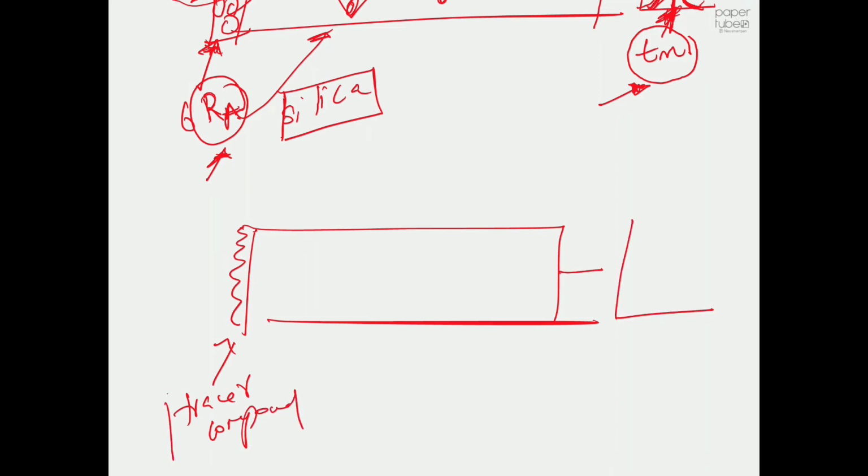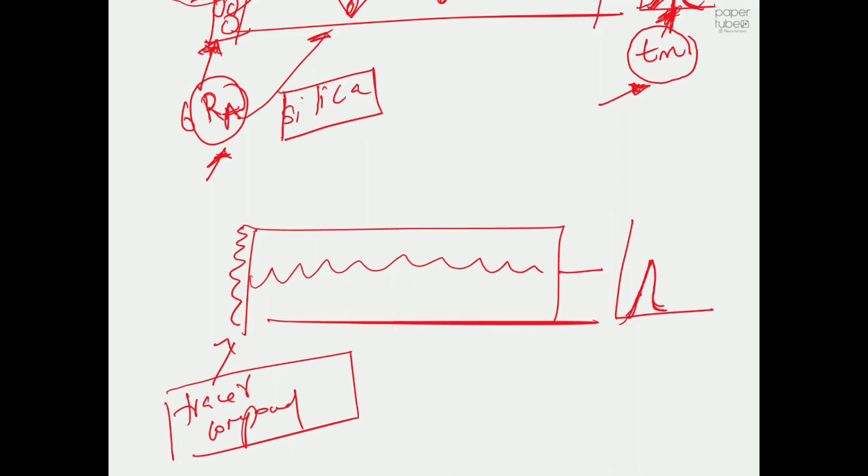This tracer material will not interact with your column, so from that we get a general idea about the time spent by the analyte in the mobile phase. So we know how to get the time spent by the analyte in the mobile phase, and then we can do the experiment with our real analyte.